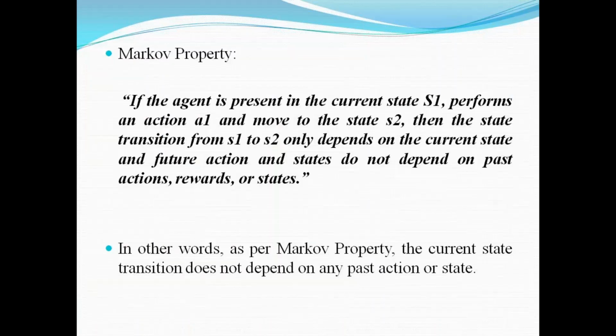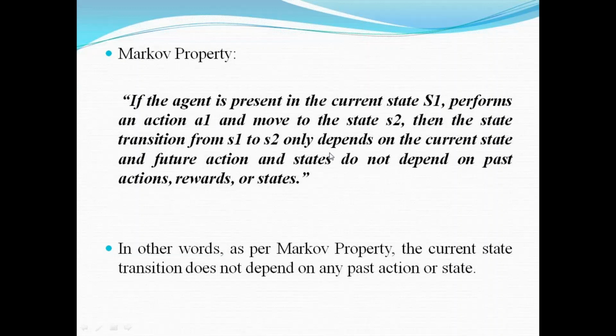When they formulated everything as a Markov decision process, it is mainly dependent on the Markov property, which states this definition. The main thing here is that when an agent is in a current state, say S1, and performs an action, it will move to the next state, S2.